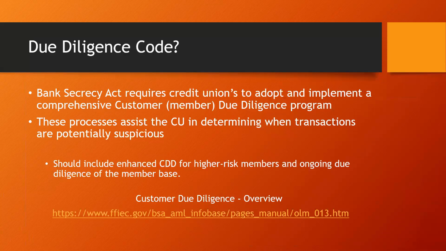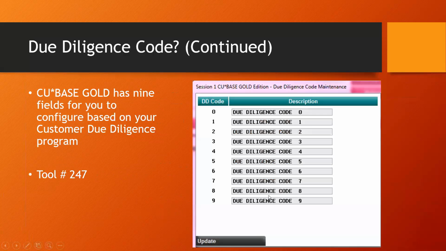The process assists the credit union in determining when transactions are potentially suspicious. So this is enhanced due diligence, and we give you the guide here. I'm not sure how many of you today are actually using the enhanced due diligence codes on the system. You can code a member based upon your risk findings or your risk appetite.